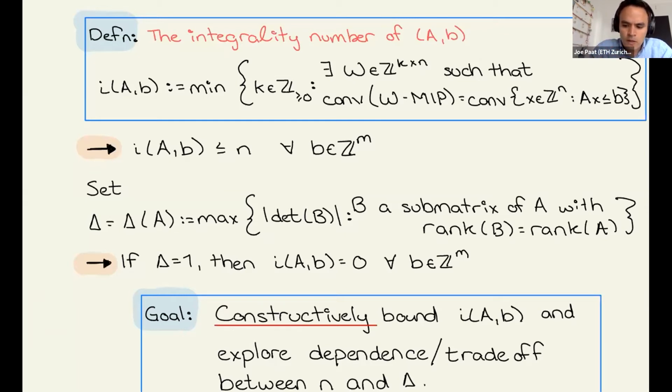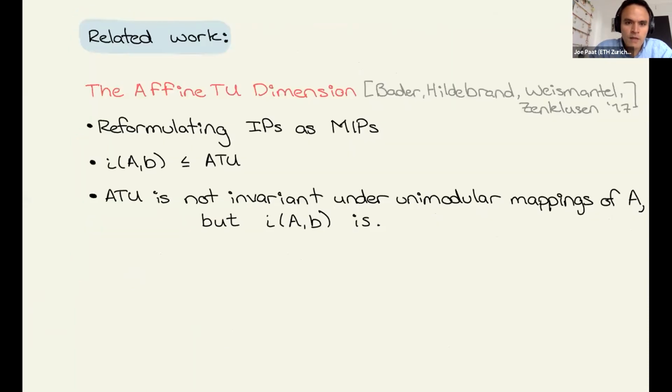Okay, so there's been a lot of work on describing integer hulls as mixed integer relaxations or reformulations. Perhaps the most related piece of work to ours is a project completed by Bader et al. in 2017 on this notion of the affine TU dimension of a matrix.